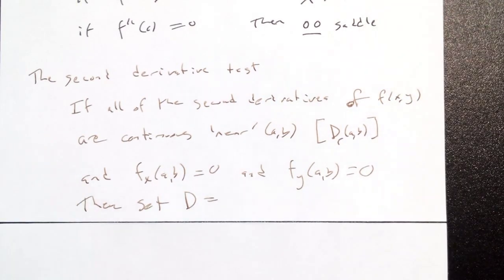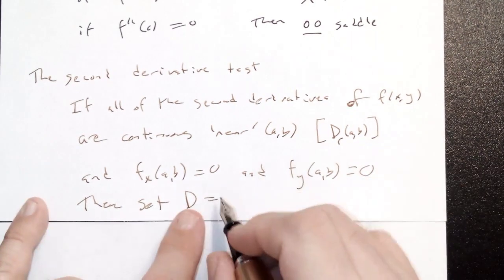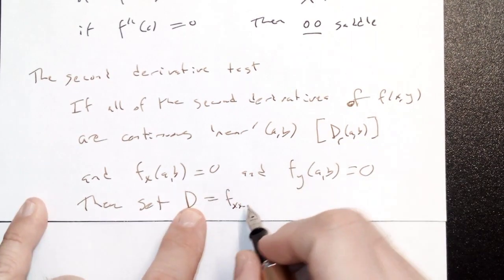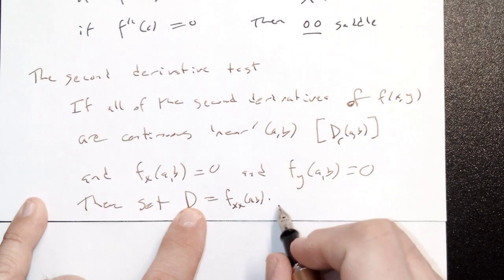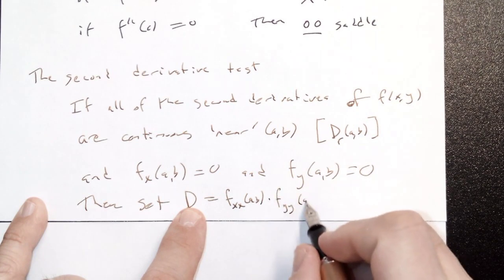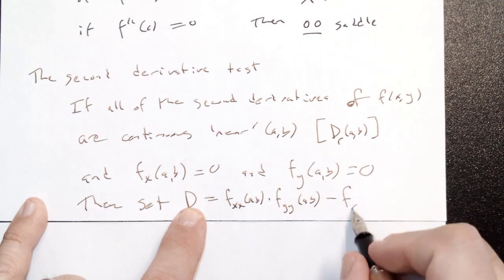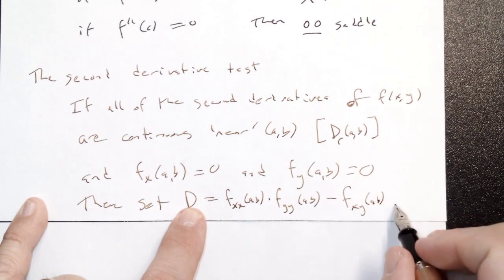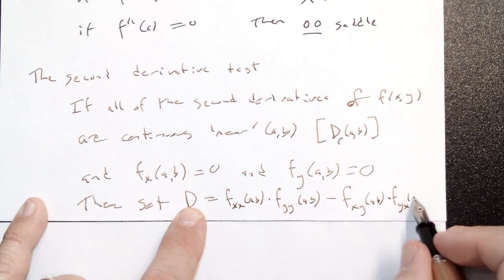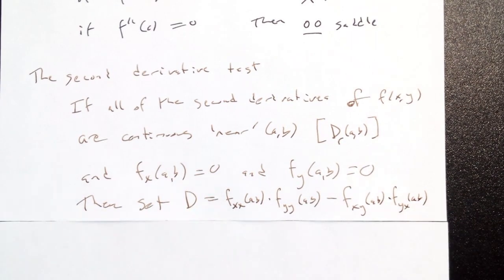I only used the second derivative once, but my second derivative now is fxx of AB times fyy of AB minus fxy of AB times fyx of AB. Notice the mixed partial derivatives are together and the non-mixed partial derivatives are together. So I have xx and yy, and I have xy and yx.